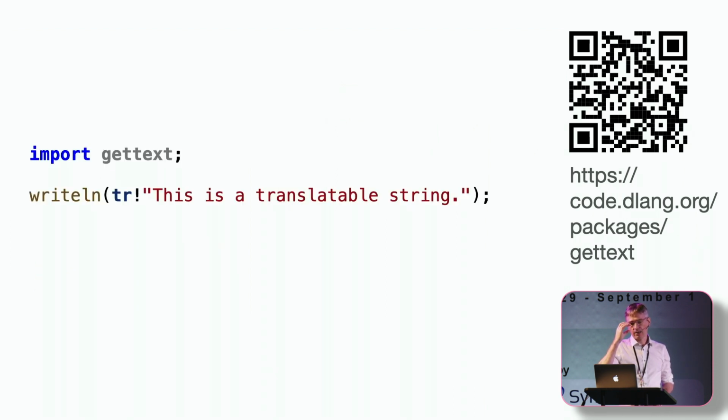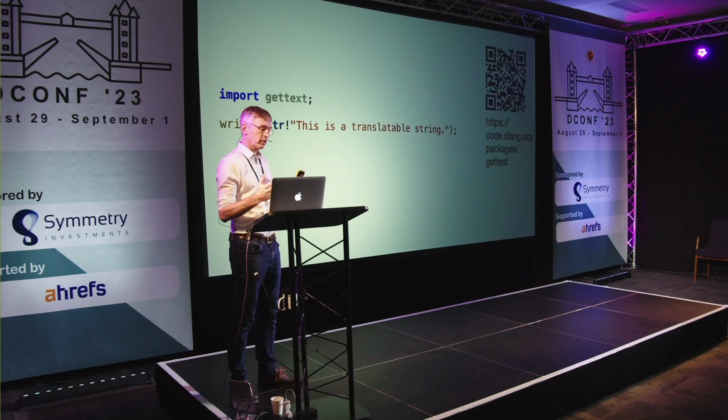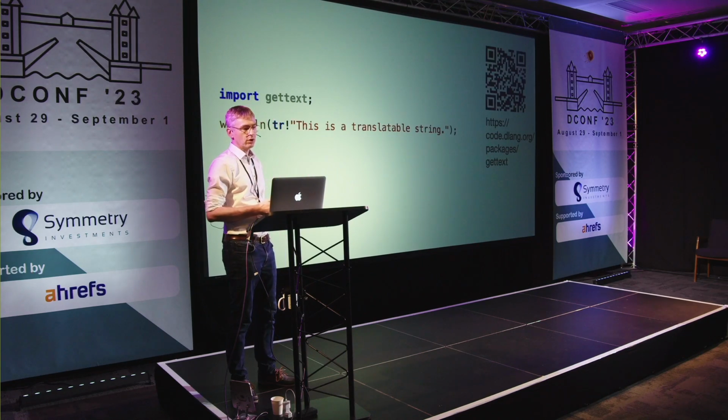And as you see here, it features concise translation markers. You just prepend tr-bang to the string literal. And I chose tr, because I think the original gettext keyword is too long.